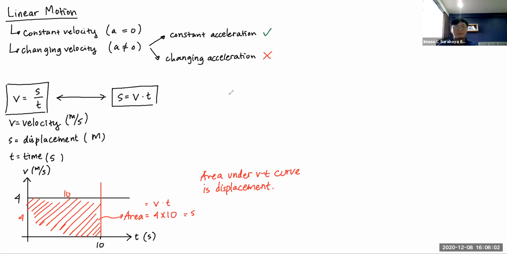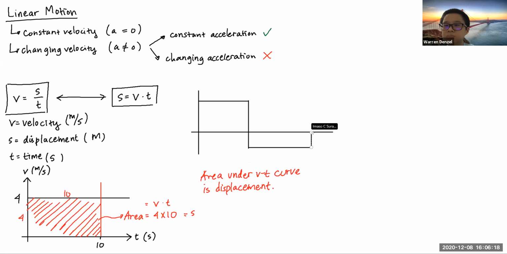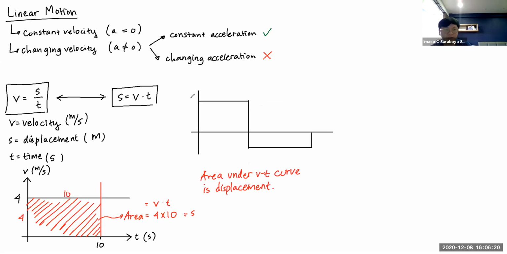Okay, then what about this one? Let's say the velocity suddenly changes. First, it goes at 4, and then it goes at -2. This one is 5, this one is 12. What is the displacement of this motion?